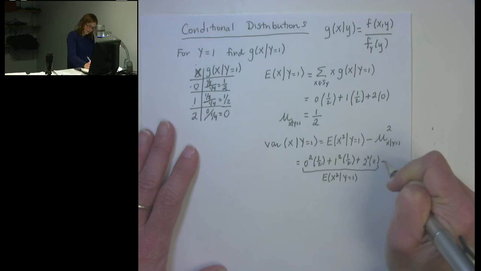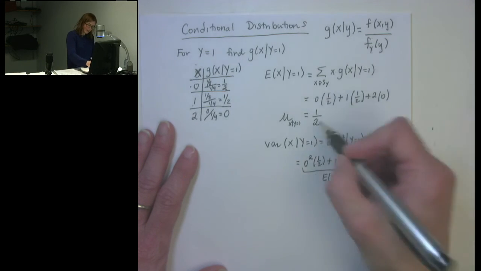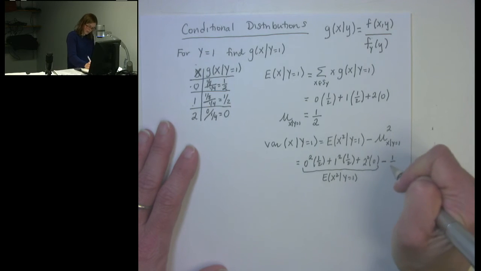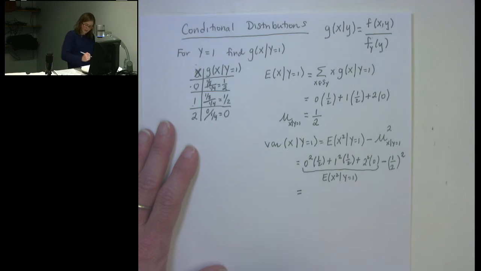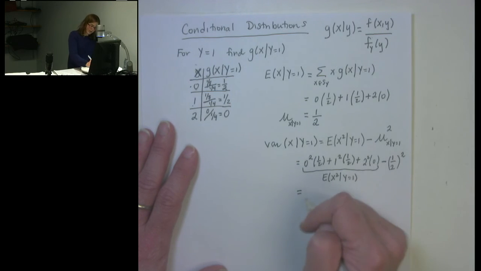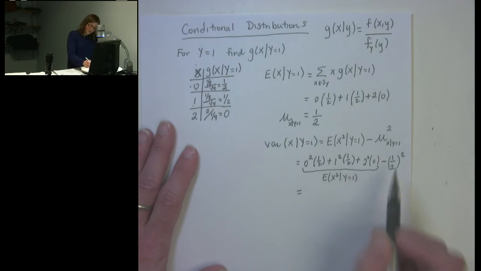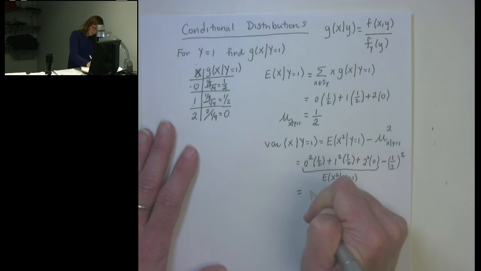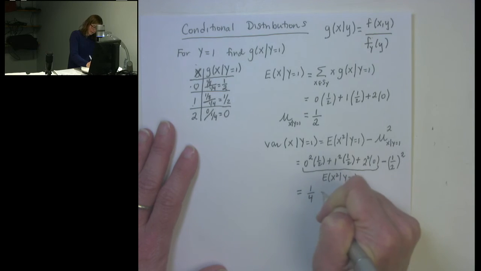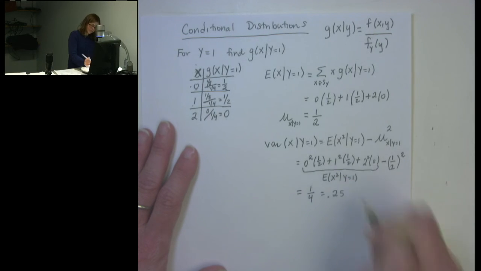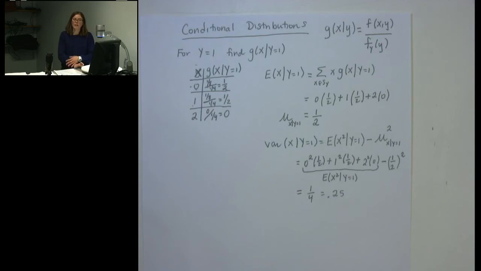And then I'm going to subtract off the mean squared, 1/2 squared. And I can find that the variance is going to be equal to, let's see, I've got 1/2 minus 1/4 is going to be 1/4, or 0.25. Okay, so just looking at how we can find mean and variance for a conditional distribution.